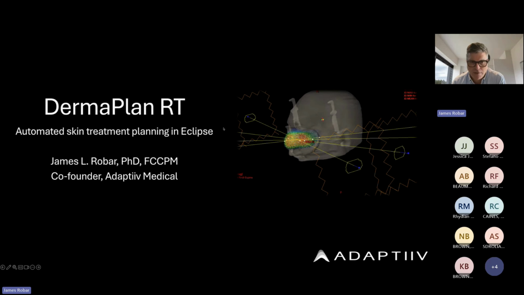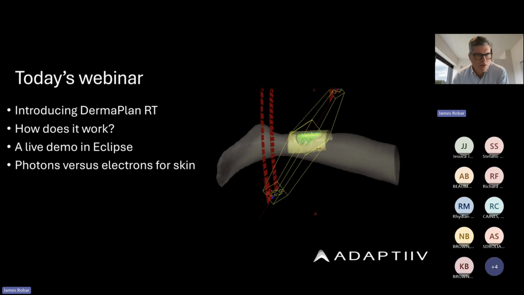Of course, you've seen various forms of planning automation. This is a site-specific tool that I'm going to be discussing. And so today I'll introduce the tool DermaPlan RT. It's quite new. In fact, we will just be launching it at Astro, which begins in San Francisco this coming weekend.